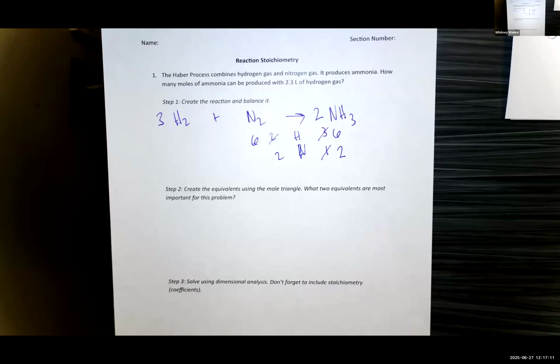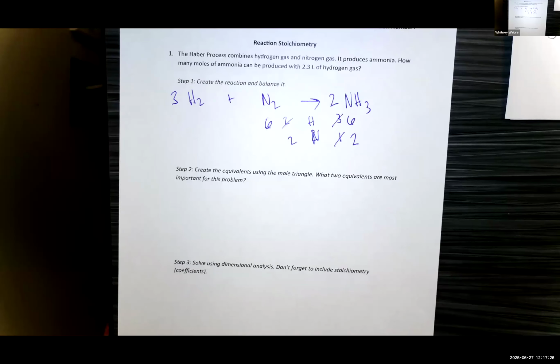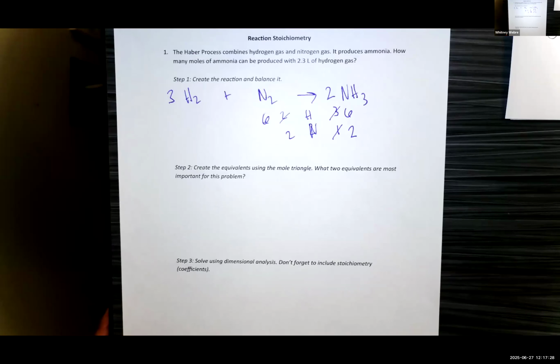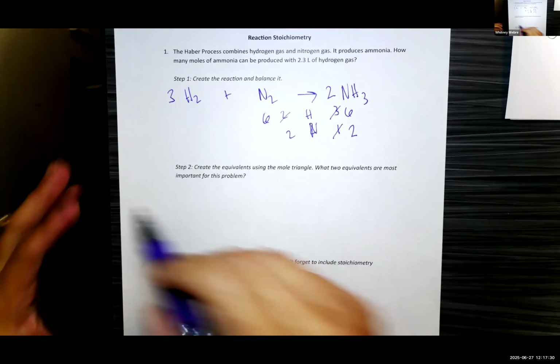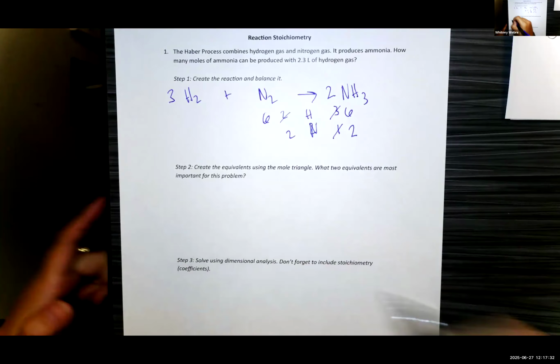So step 2 is create the equivalence using the mole triangle. So you need to understand that the mole triangle is all equivalent to each other. If you have the mole triangle in front of you, or if you remember the slides, you can either use the triangle or you can just create a line of what is equal to what.